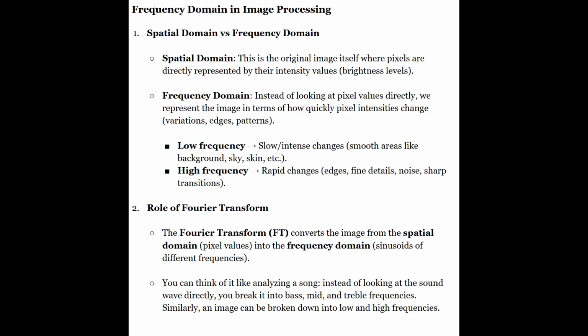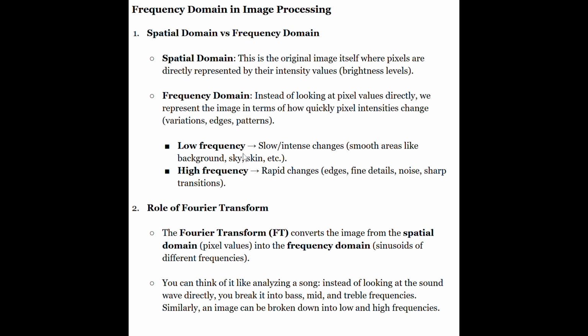But in the frequency domain, instead of looking at the pixel values directly, we represent an image in terms of how quickly the pixel intensities change, or we can observe the variations at different locations, what the edges are, and what patterns of the image we can quickly identify.